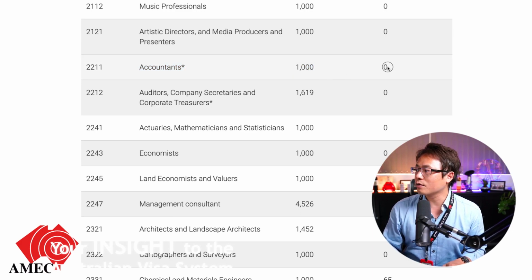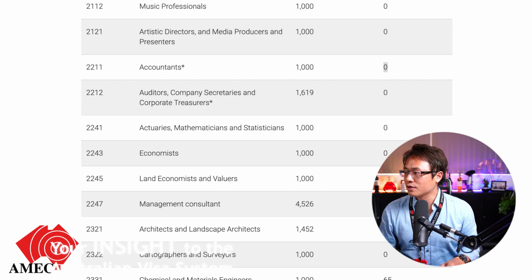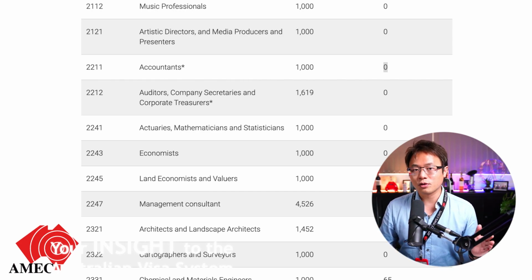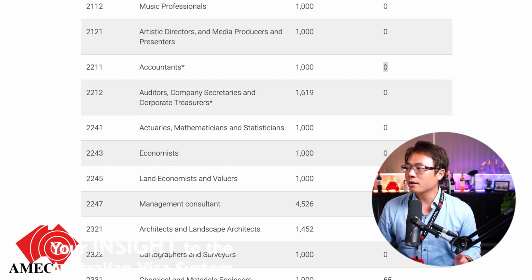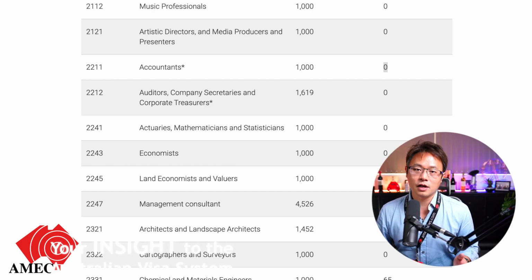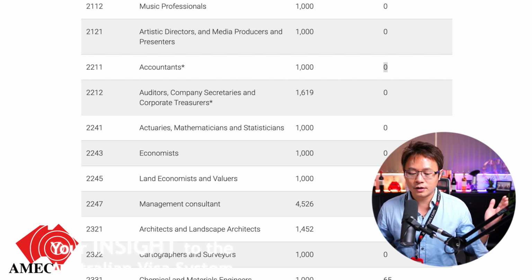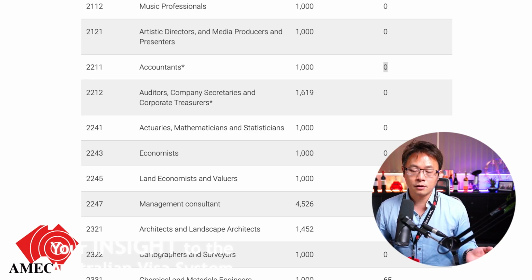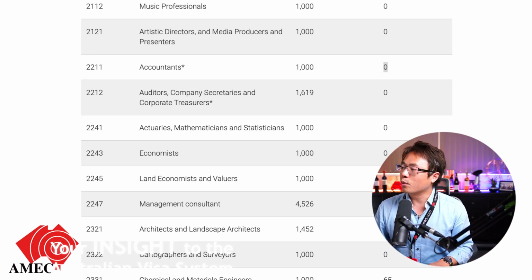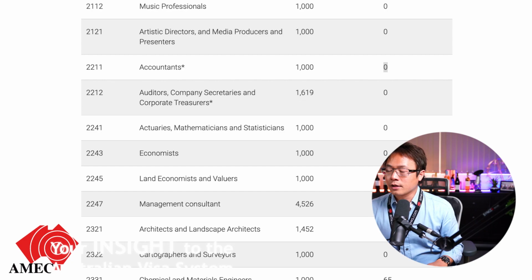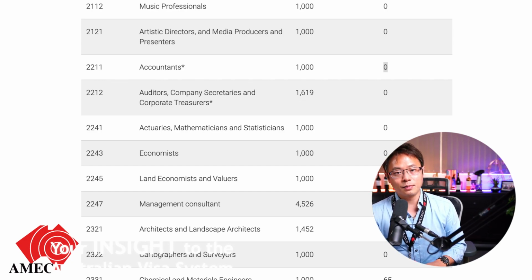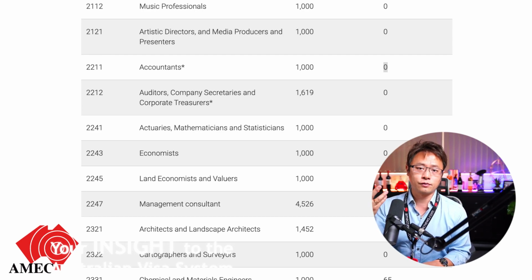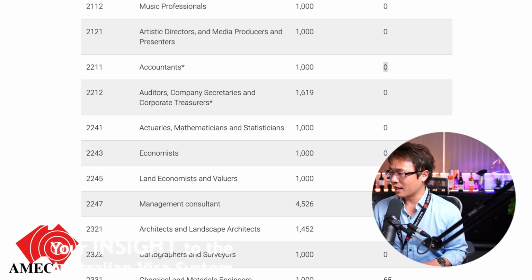Now, obviously, you see 0 here because that basically means in the past year, from 2020 to 2021, no one in the accountant occupation had been invited. That's pretty obvious because of the pandemic, the COVID-19 issue, no one can actually enter, and people working as accountants might be invited by state nomination, but it's not showing here. What we are seeing here is the federal caps.